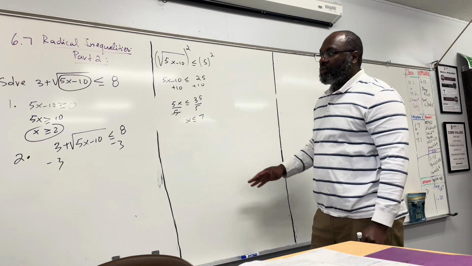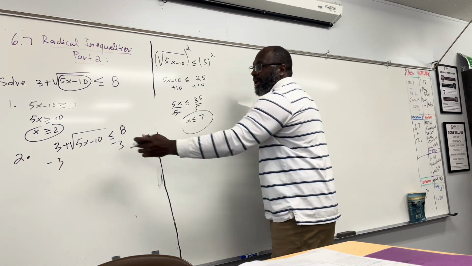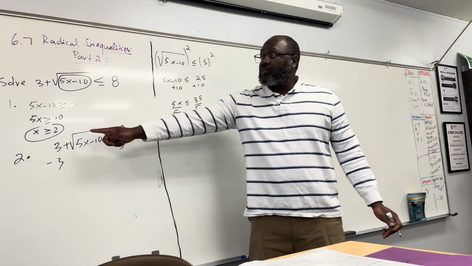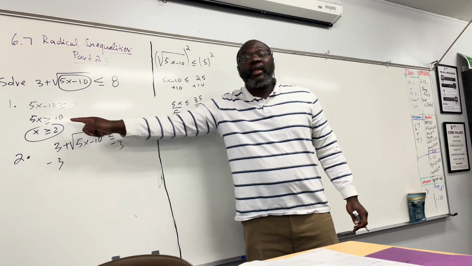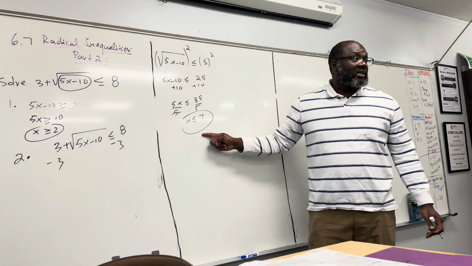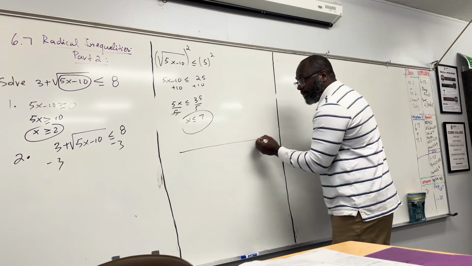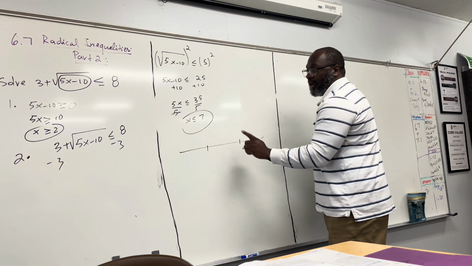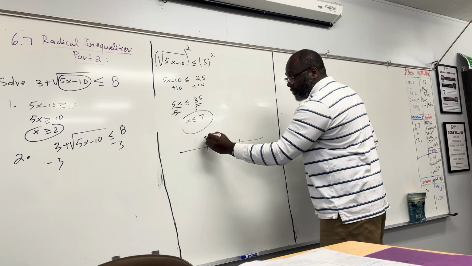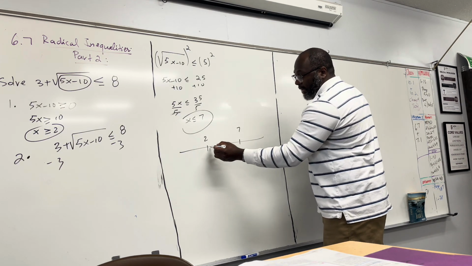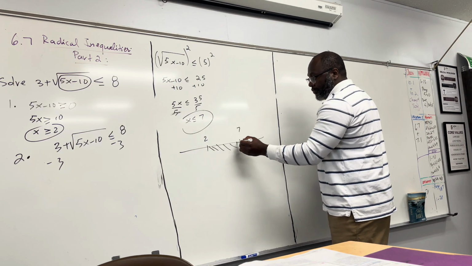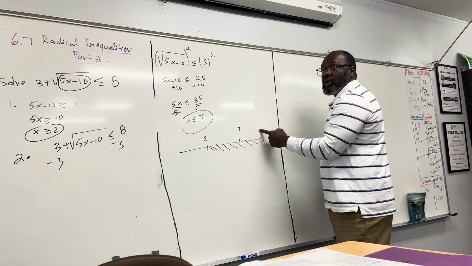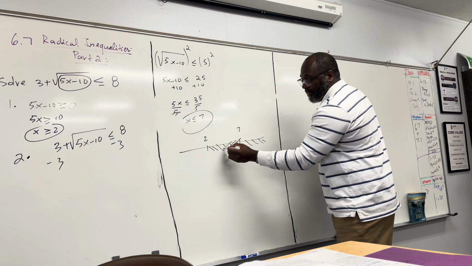So now we have the two conditions. x has to be greater than or equal to 2, and x also has to be less than or equal to 7. On the number line, this is 2 and 7. x has to be greater than or equal to 2, and also less than or equal to 7.